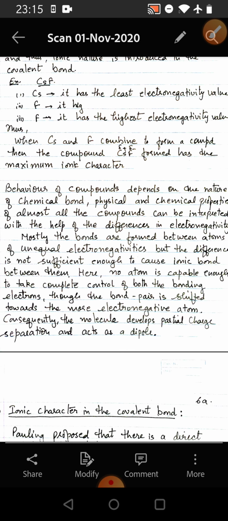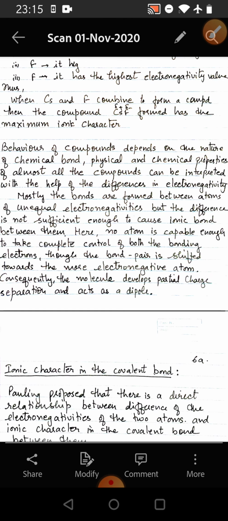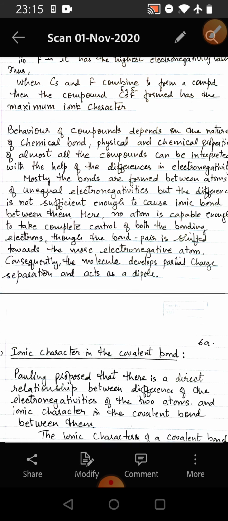Cesium has the least electronegativity value and fluorine has the highest electronegativity value. Thus, when cesium and fluorine combine, the compound cesium fluoride has the maximum ionic character. Cesium develops a partial positive charge and fluorine develops a partial negative charge.